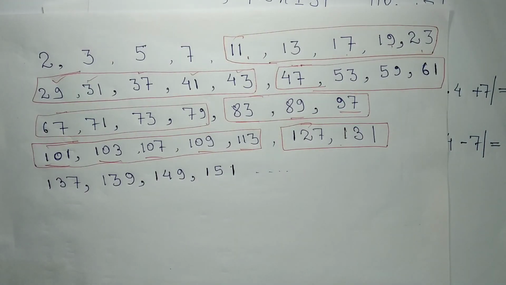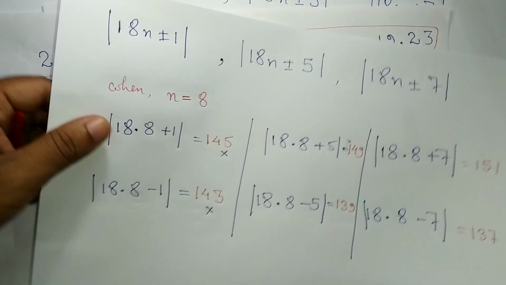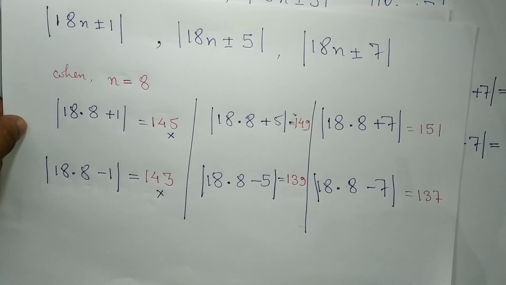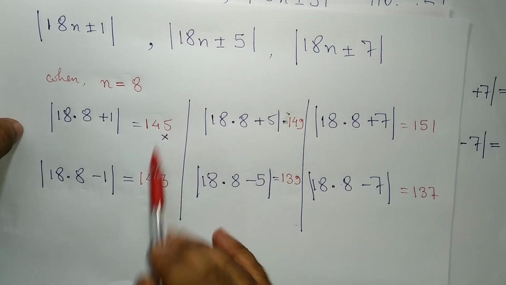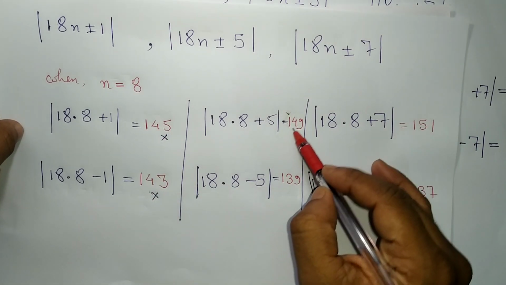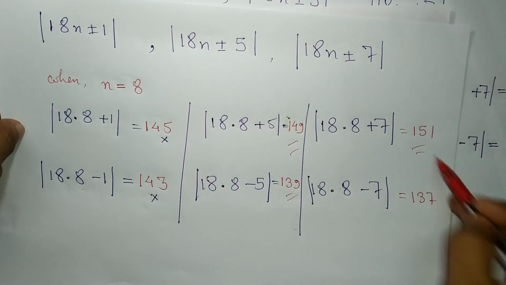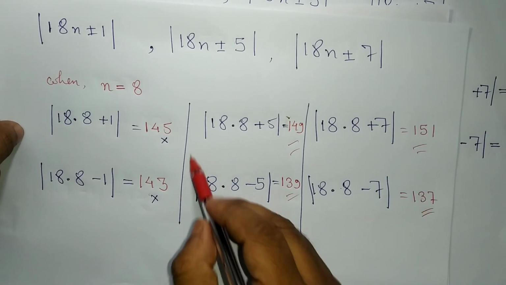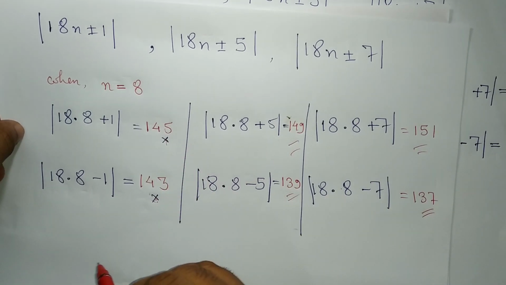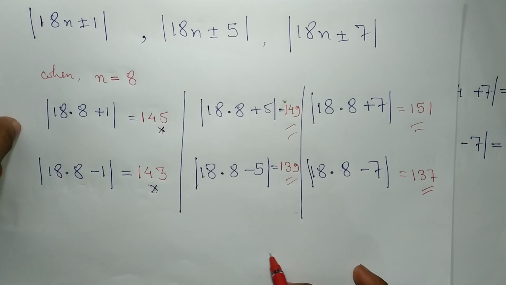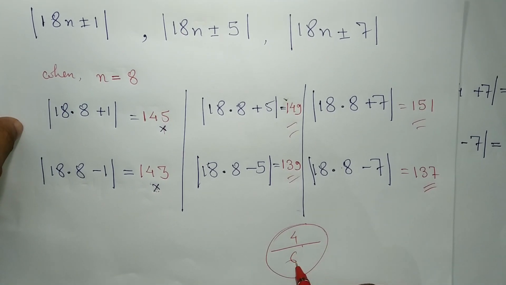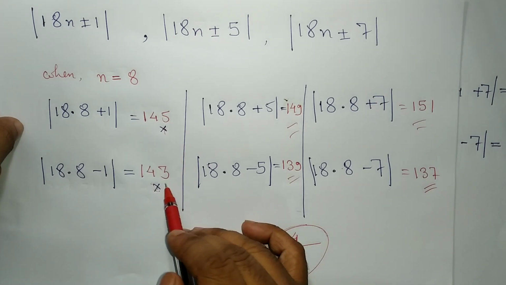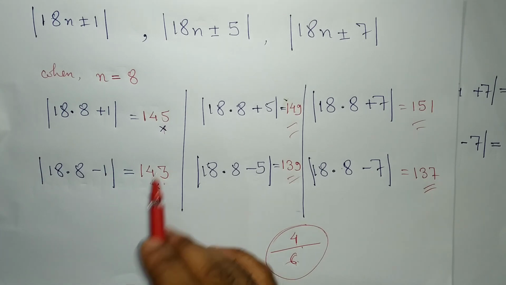Next, when n equals 8, out of 6 outcomes, 4 are prime and only 2 are composite.